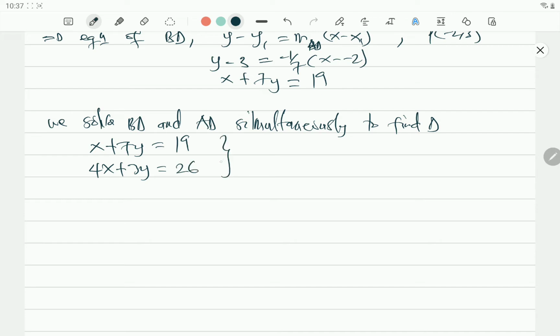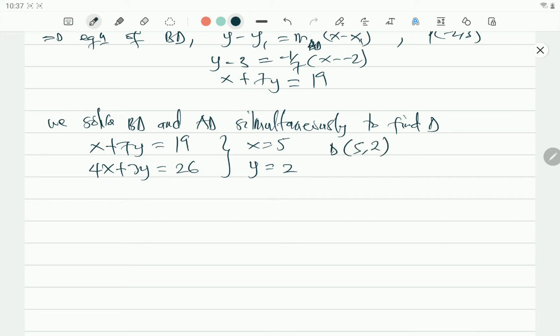So solving them simultaneously, you get x equal to 5 and y equal to 2. Then finally, it means D is equal to (5, 2).